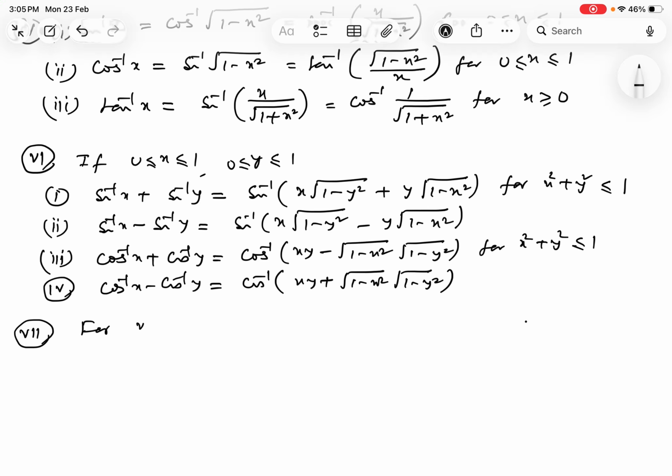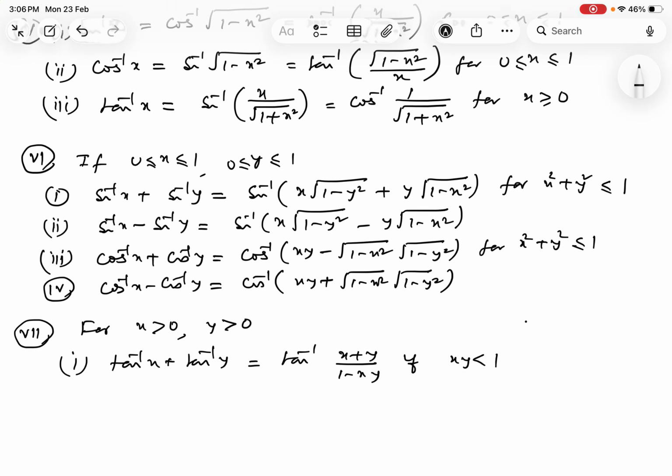For x greater than 0, y greater than 0, first result, tan inverse x plus tan inverse y is always equal to tan inverse of x plus y divided by 1 minus xy if xy is less than 1.